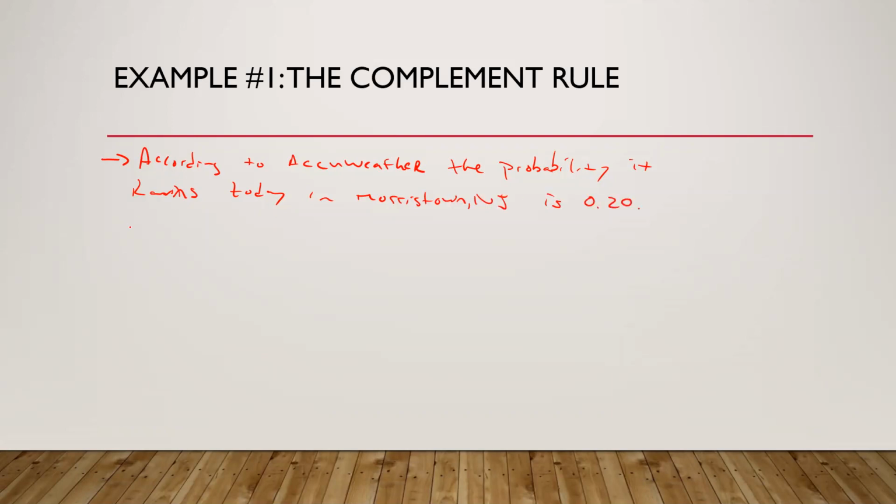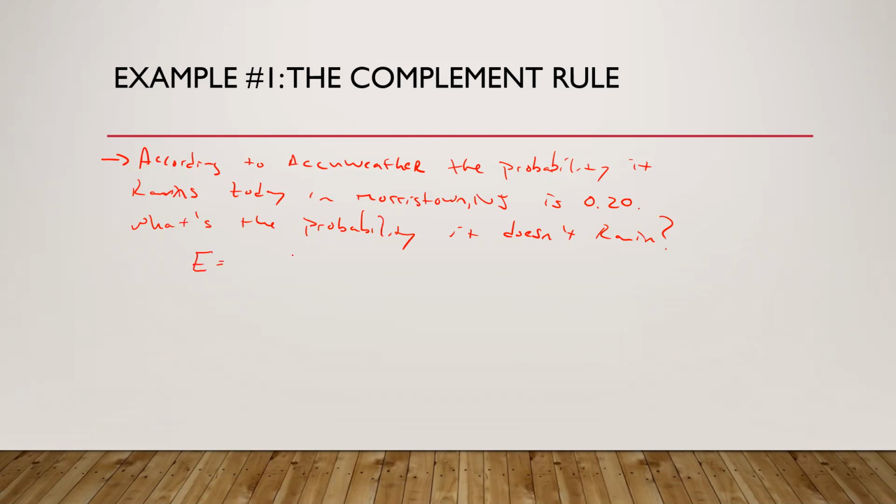That's the probability it rains. So what's the probability it doesn't rain today in Morristown? Just real quick. 0.8. Yes, and all you did here, which is incredibly obvious, is just the complement rule.